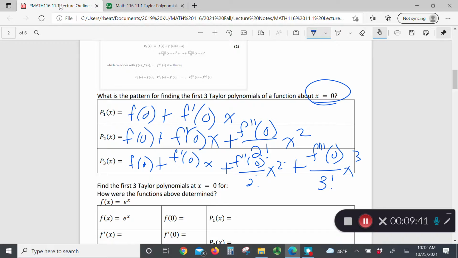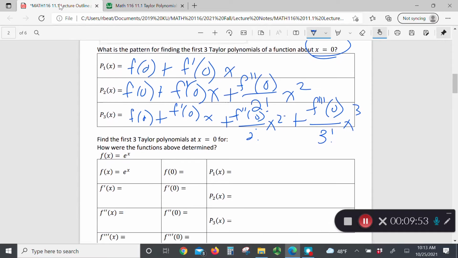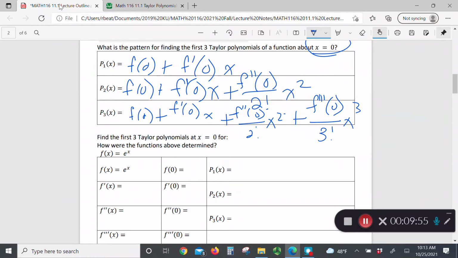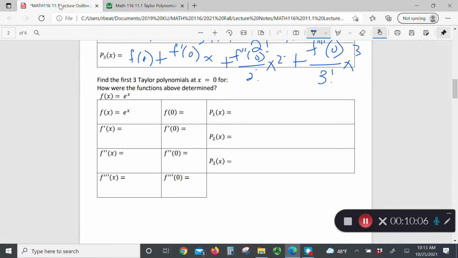So let's see if we could come up with those polynomials that were being used in my Desmos exploration. So this is the pattern for the Taylor polynomial that we're going to follow. And if I were doing these I would probably make this chart to help as we go through the process.